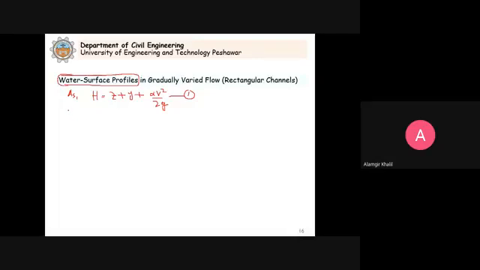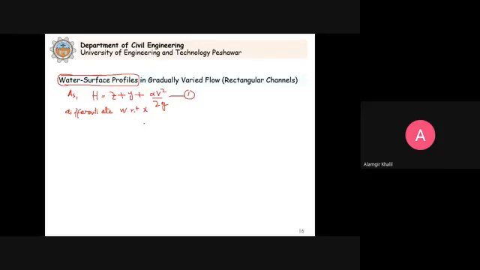So we differentiate this equation 1 with respect to x, where x is the horizontal distance along the length of the channel.